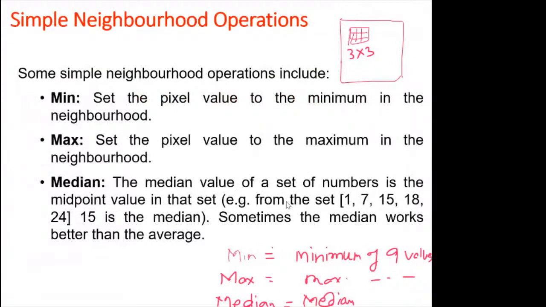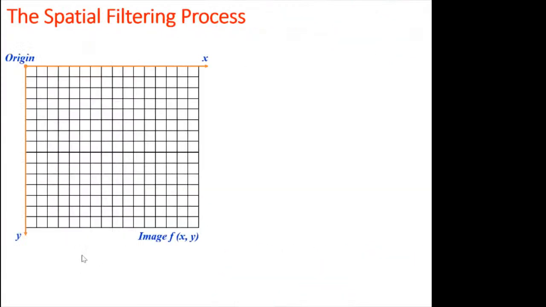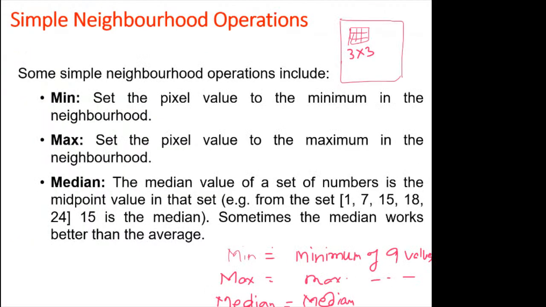Suppose there are some numbers: 15, 7, 1, 18, 15, and 24. You want to find the median of these numbers.